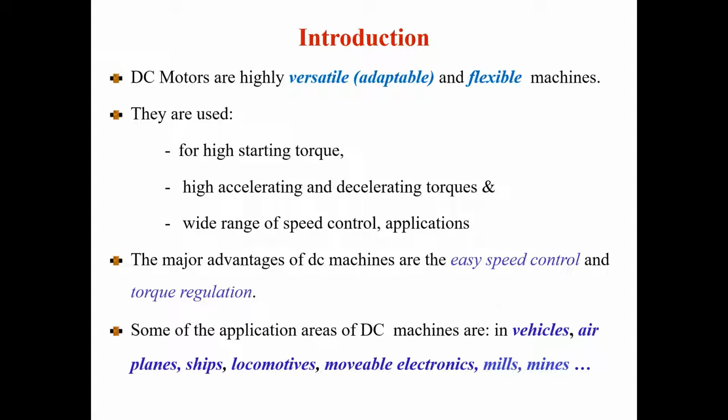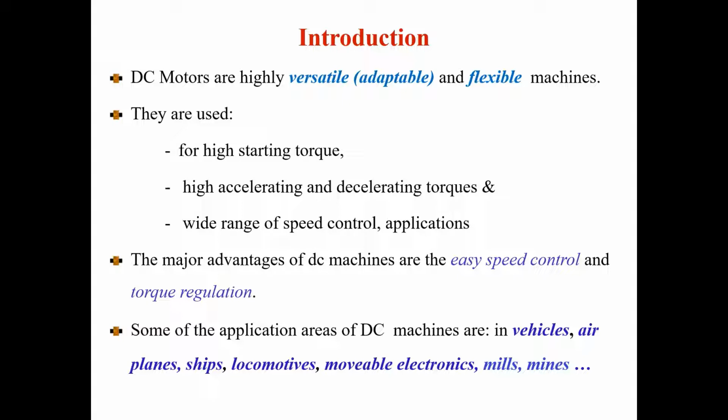Now, DC motor is considered to be one of the versatile, adaptable and flexible machines. That means you can easily vary the speed of a DC machine by simply varying the resistance, which is inserted in series with the armature, that's known as rheostat.